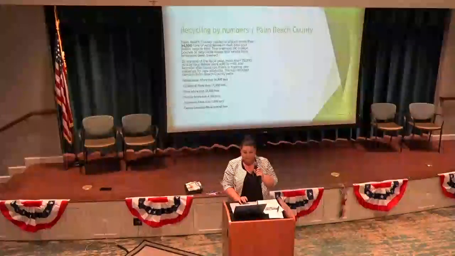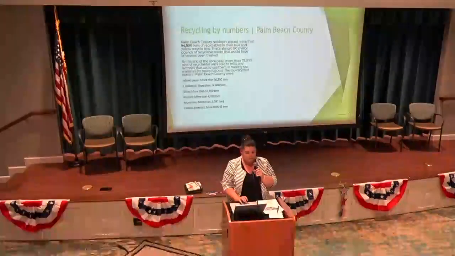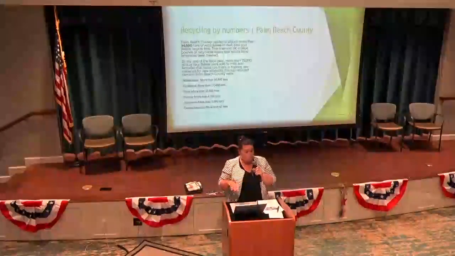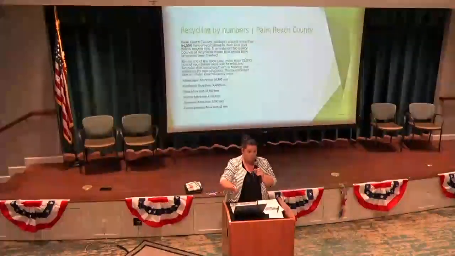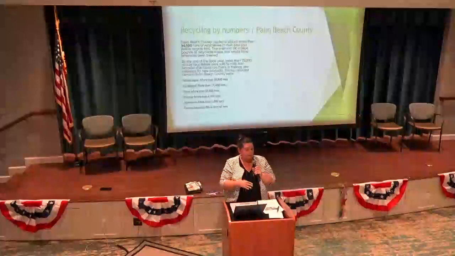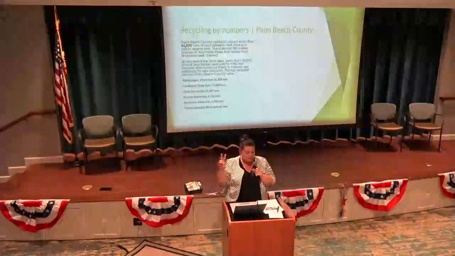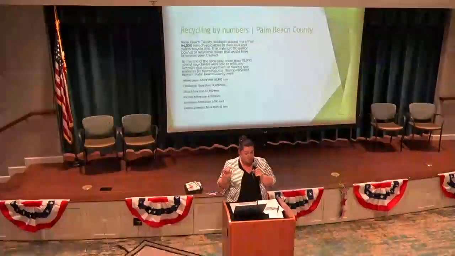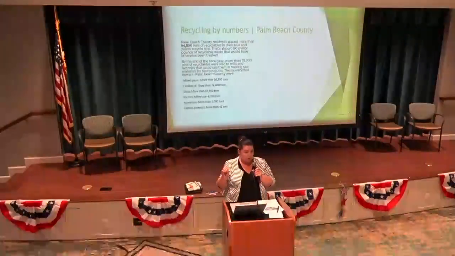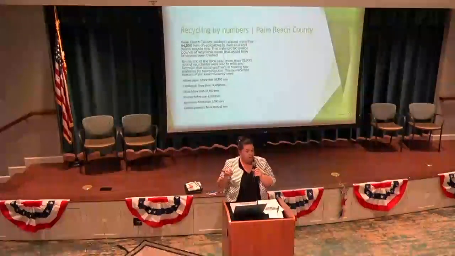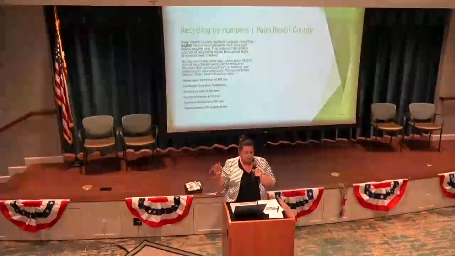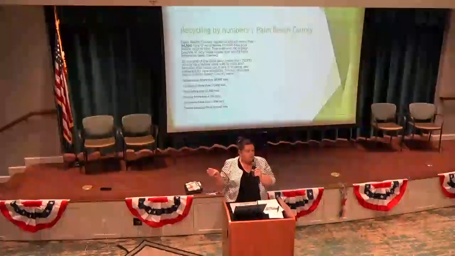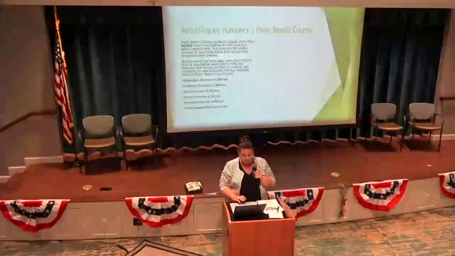It's mostly mail and newspapers. I was surprised, because I thought it would be cardboard. So cardboard is number 2 with 17,800 tons in Palm Beach County. Then glass, plastic, aluminum, and then cartons, like milk cartons and things like that.